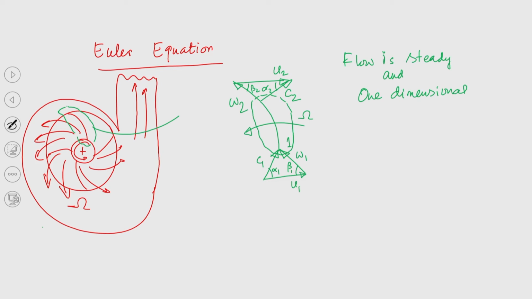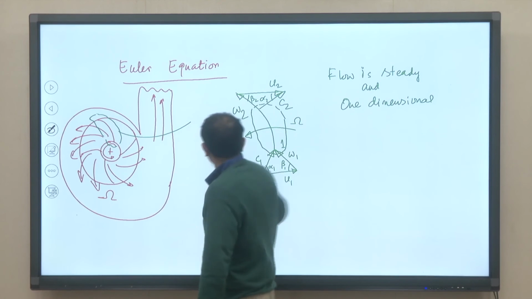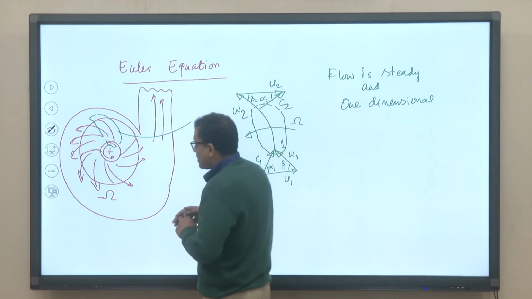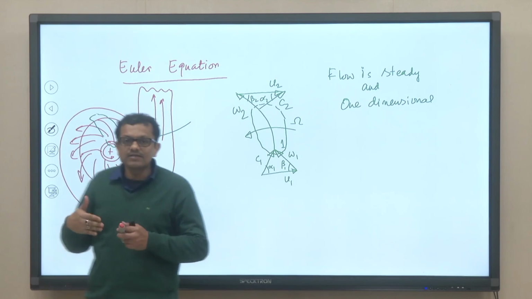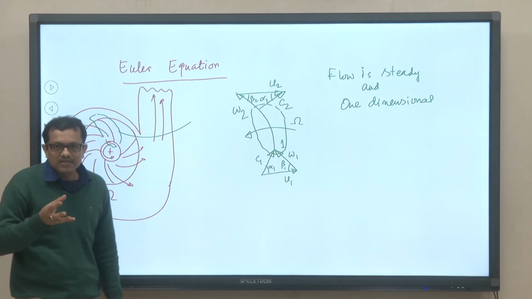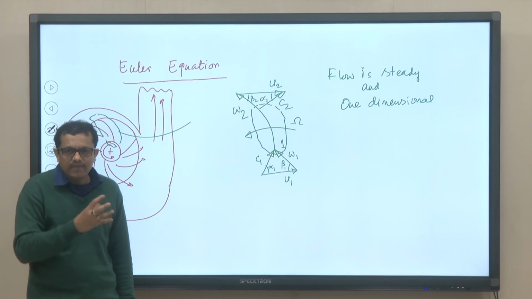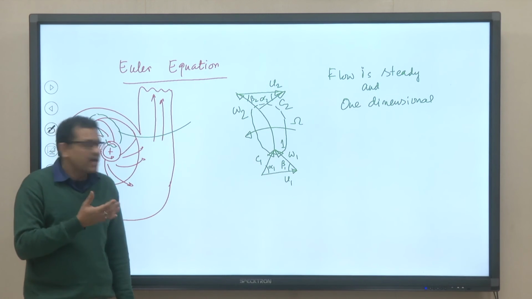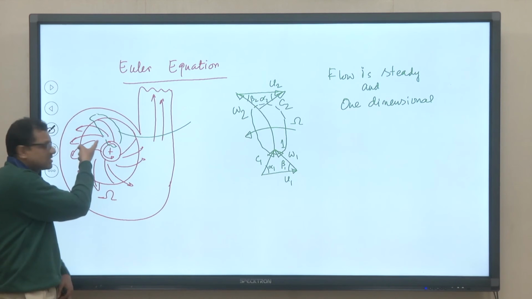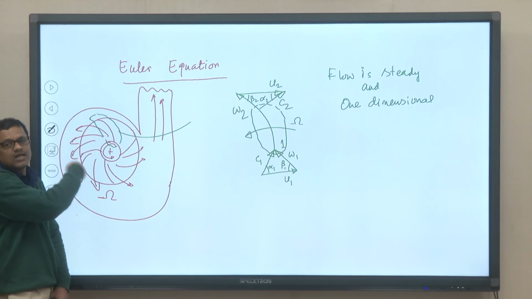The one dimensional theory that we have discussed today is very much important for this Euler equation. So, we are considering this. Now, for the one dimensional and steady flow, as we have discussed, the fluid elements which are entering the pump or turbine might have rotation, and similarly the fluid elements which are coming out from the pump or turbine also have rotation.